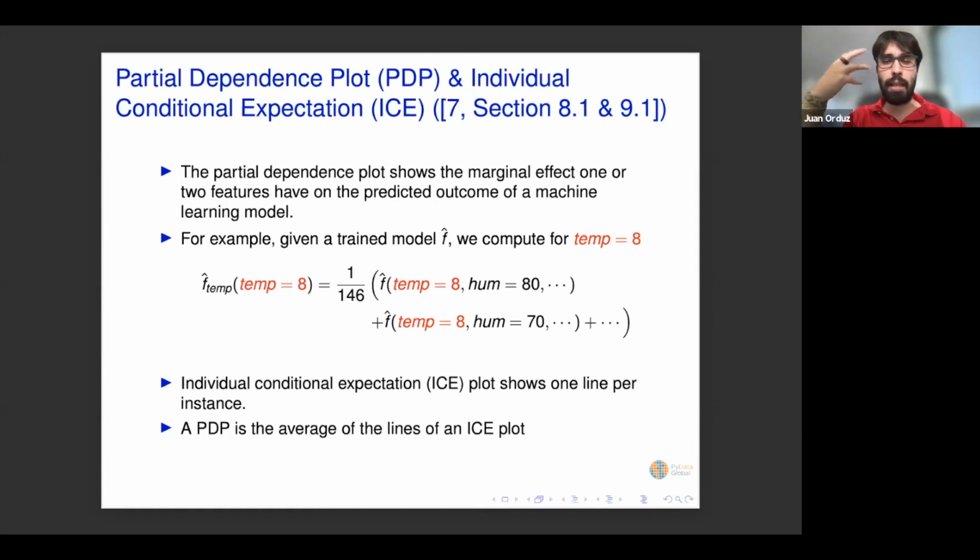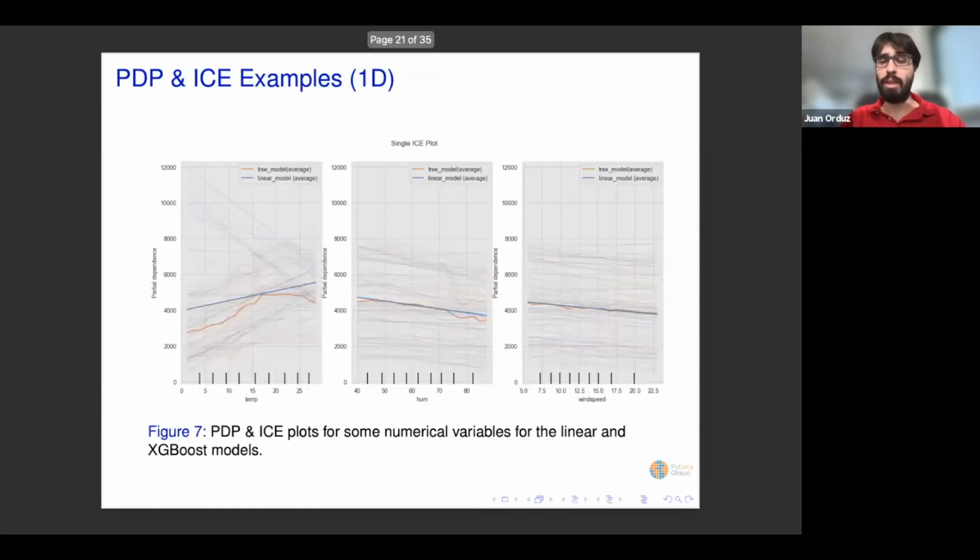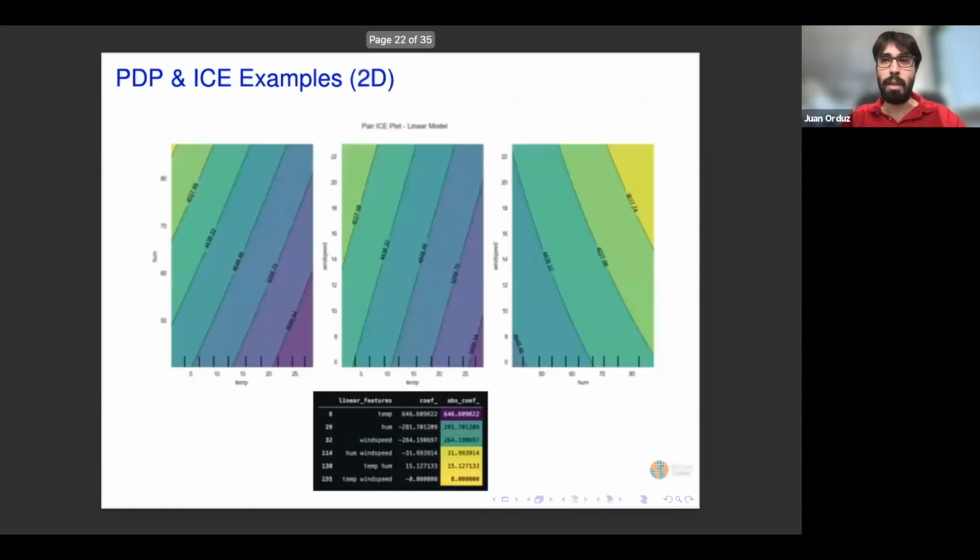So you're going to test this and generate these plots with data instances which are not really relevant or, let's say, physically real. So bear that in mind whenever you're working with partial dependency plots. We can also see an example in 2 dimensions. I don't want to go into details.